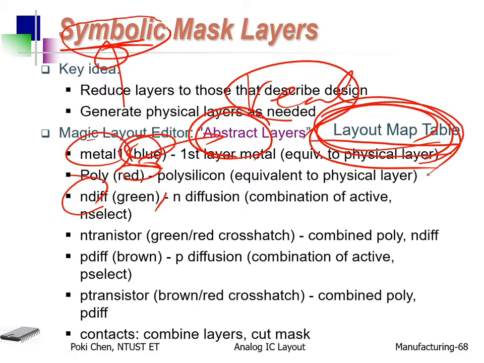TSMC's layer map table is totally different from UMC's. Don't make any trouble for yourself. If you would like to change it, maybe you work for MediaTek, the biggest IC design house in Taiwan. Yeah, you can change it, but after changing, before fabrication, you need to show the new layer map table to TSMC or UMC. Otherwise, they will fabricate it wrongly for you. Okay, as you like.